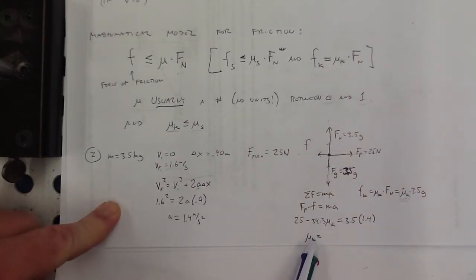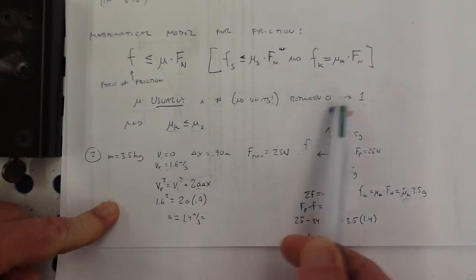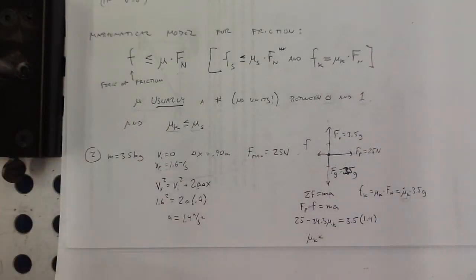And remember, before I do anything else, I'm expecting a number between 0 and 1. Kinetic coefficients are often somewhere in the 0.2 to 0.4 range, something like that. Let's see what this one comes out to be. So more math.